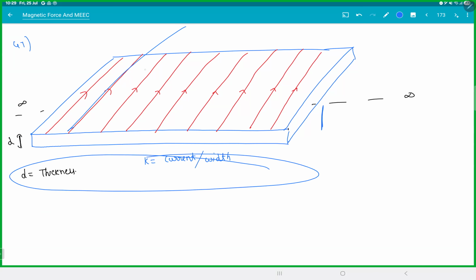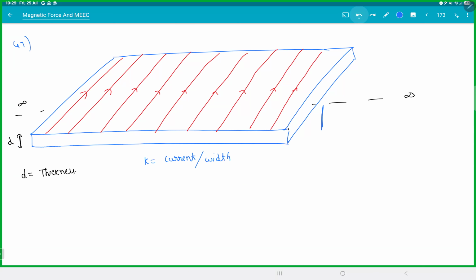Current per unit width. The current is flowing like this, no? B is your breaking stress. So something happens. If I keep sending more and more current, the plate breaks.